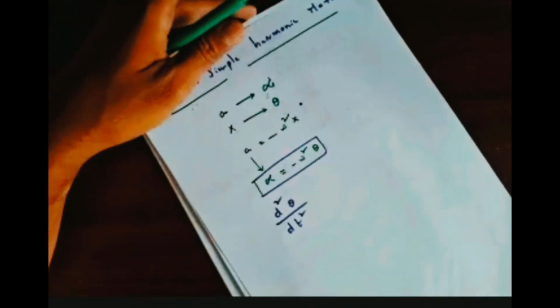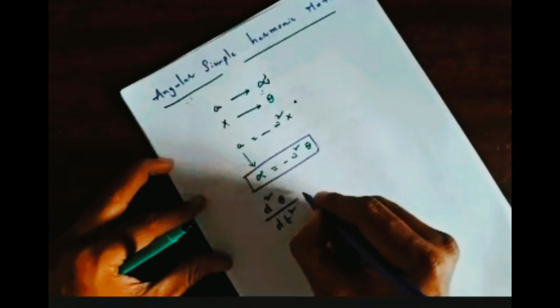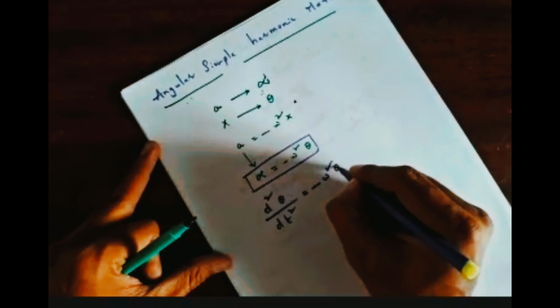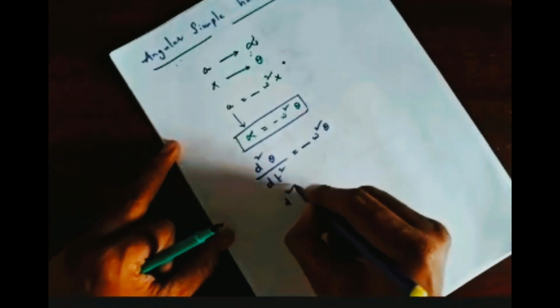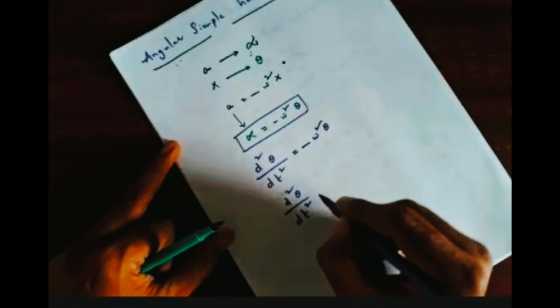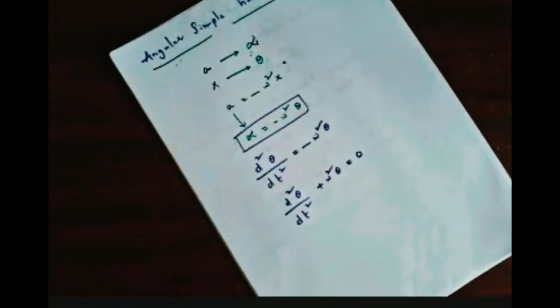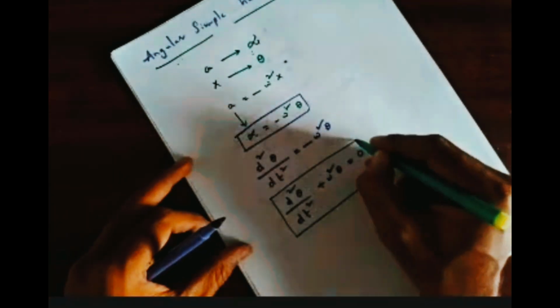So d square theta by dt square is equal to minus omega square theta. Now take this minus to this side: d square theta by dt square plus omega square theta is equal to 0. This is another condition of angular simple harmonic motion. Either alpha is equal to minus omega square theta, or d square theta by dt square plus omega square theta is equal to 0. Any one of these gives the condition of angular simple harmonic motion.